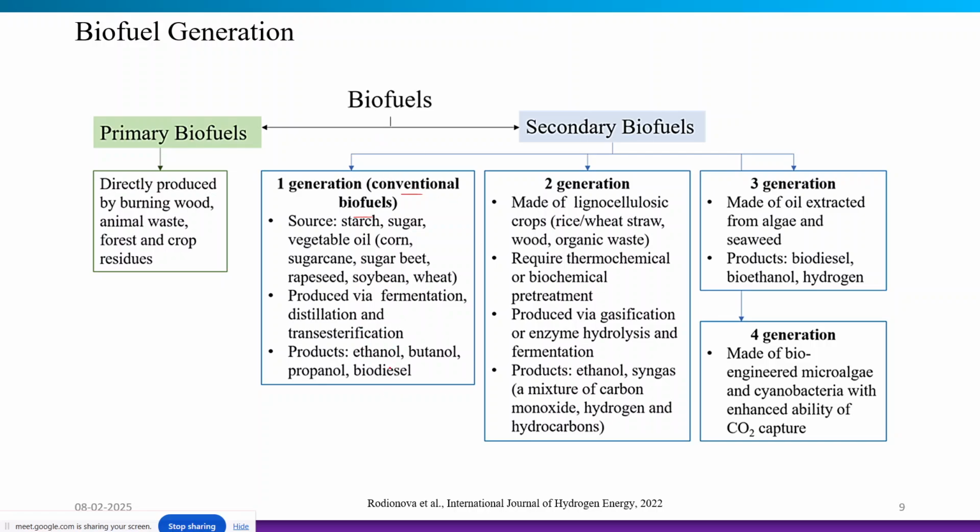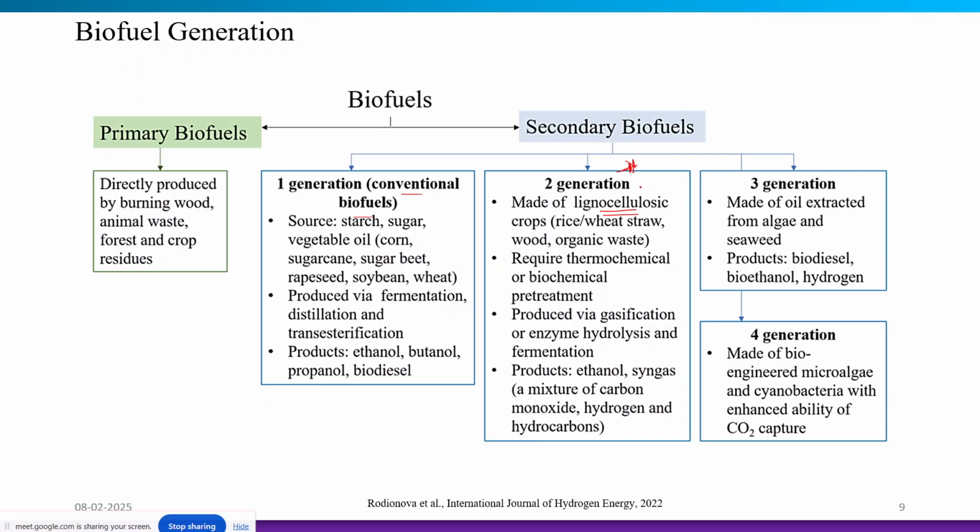First generation biofuels are mainly ethanol, butanol, propanol, and biodiesels. Whereas second generation biofuels are made of lignocellulosic crops that we discussed in a few slides before, that is lignocellulosic biomass waste or biomass feedstock.